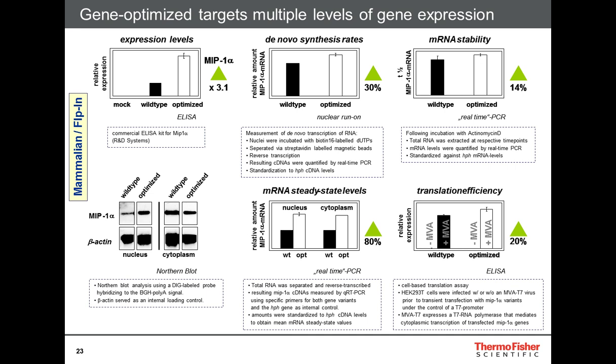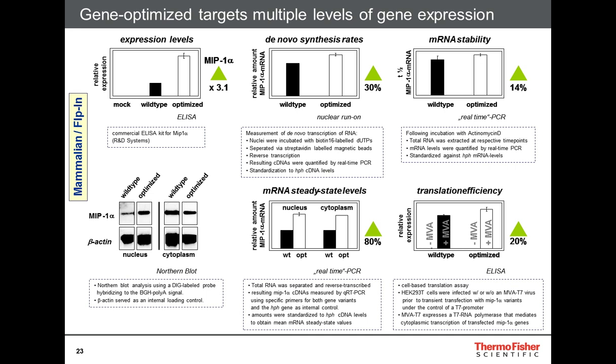And the mRNA steady state levels were 18% higher. That's probably an effect that comes from both the de novo synthesis rate, so the nuclear run-on of the mRNA, and the mRNA stability in combination gave 80% higher mRNA abundance inside the cell.